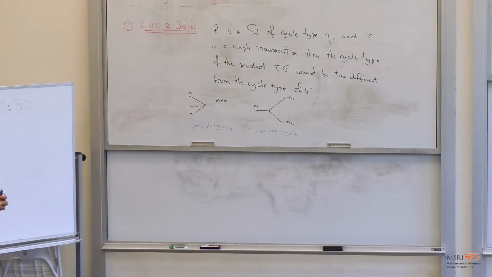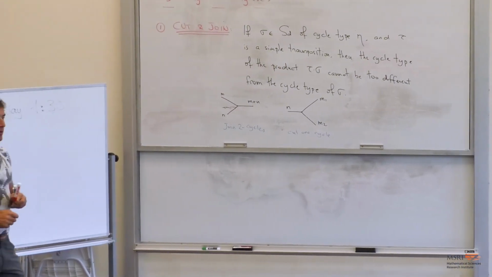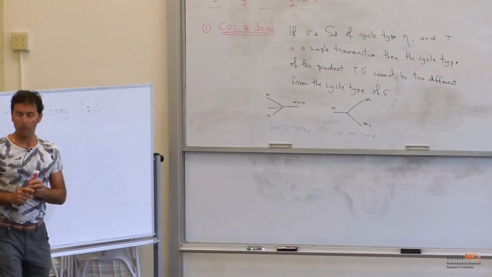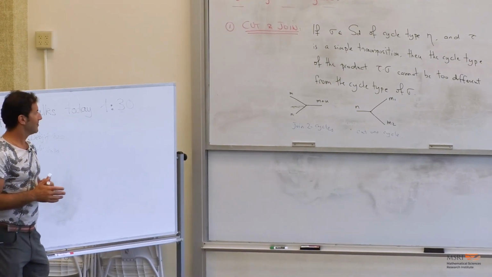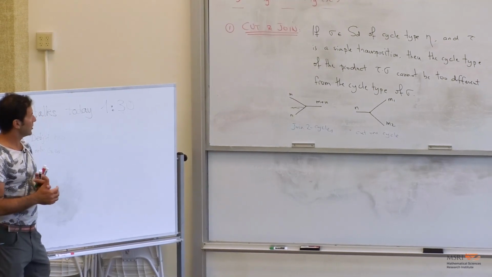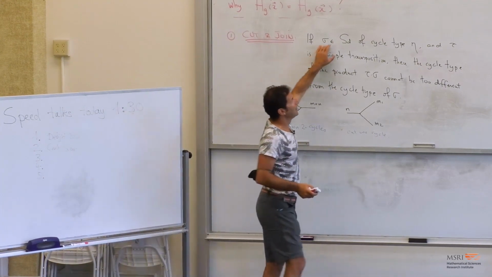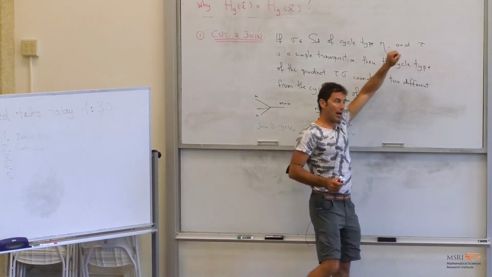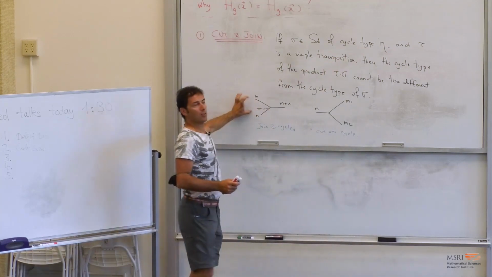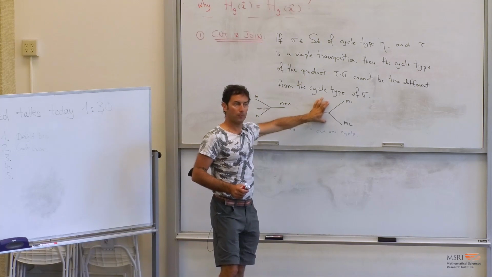Okay? And in fact, the cut and join equation also tells you, and this is one of the exercises I put in the homework, and it's fun to do, that if you have a fixed permutation sigma and you run over all possible transpositions tau, it tells you how many times you're going to join a cycle and how many times you're going to split a cycle.